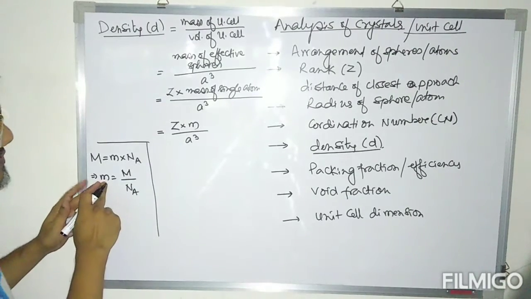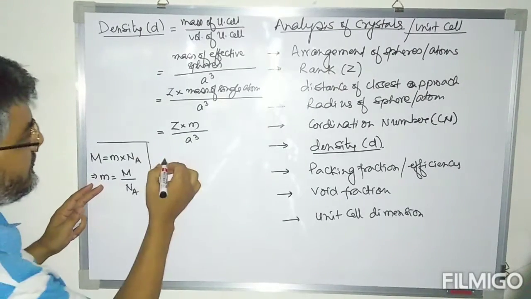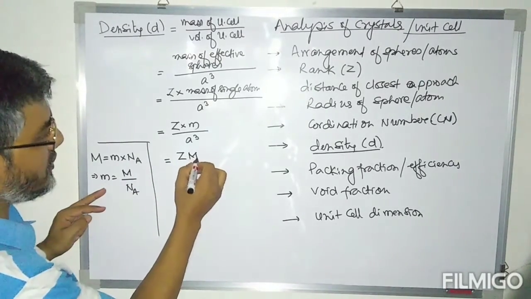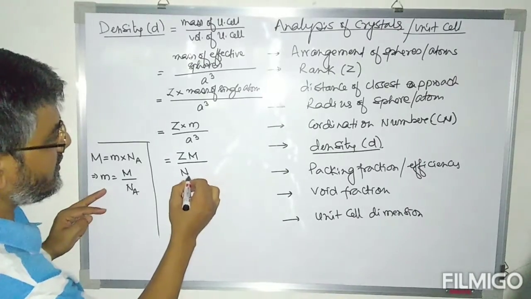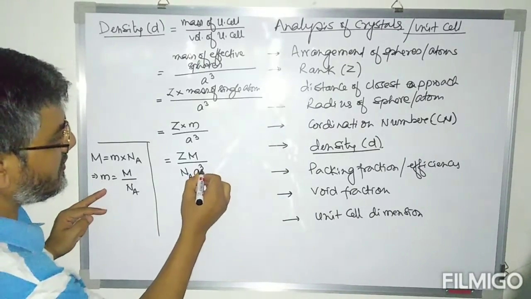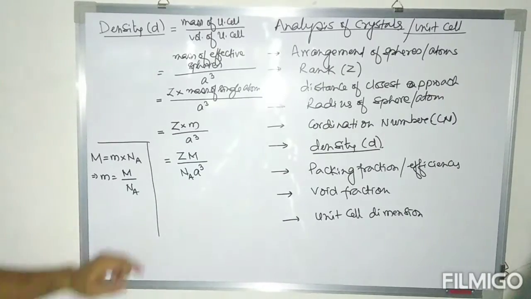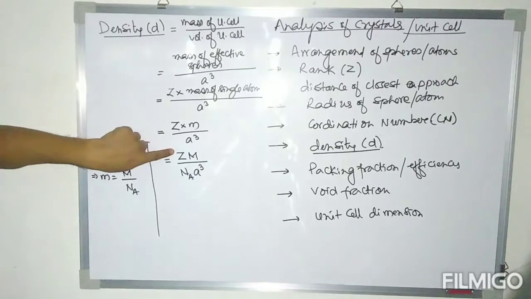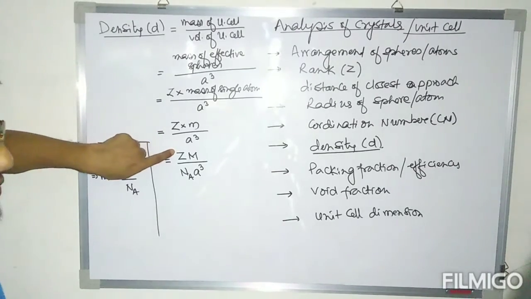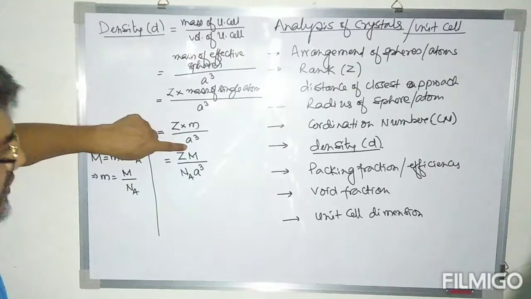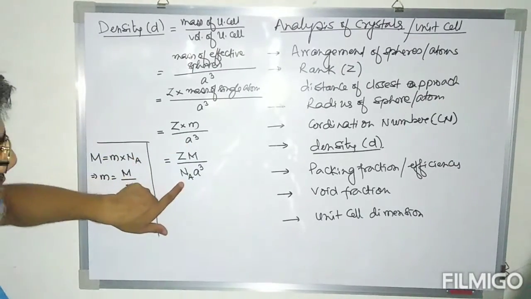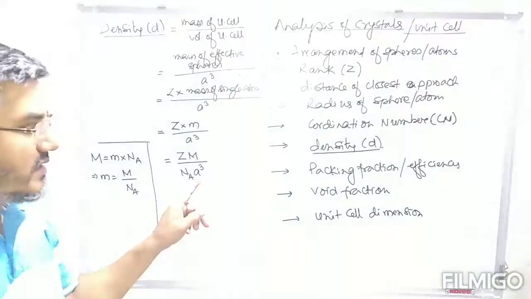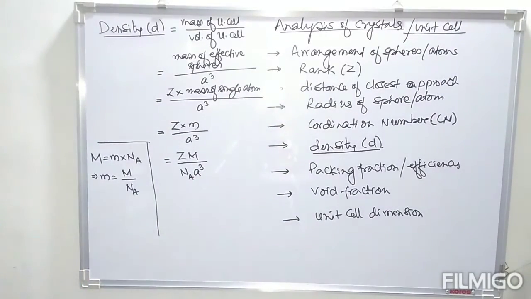So we replace the mass of a single atom by molecular mass. Therefore this comes out to be Z times molecular mass divided by Avogadro number times a cube. So this density is Z, the effective number of atoms per unit cell, multiplied by gram molecular mass, divided by Avogadro number times a cube, where a is the side length of the unit cell.